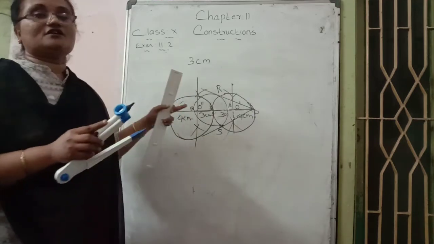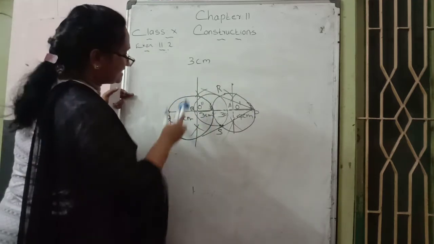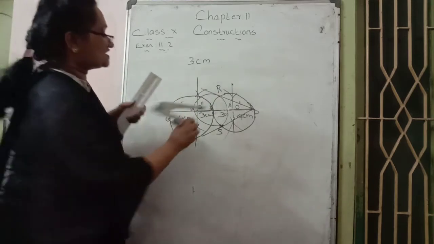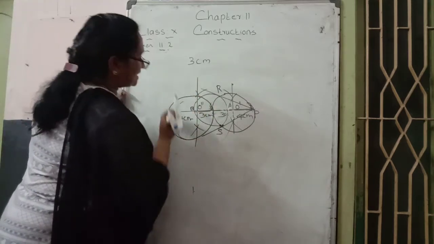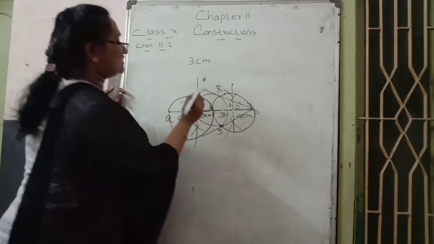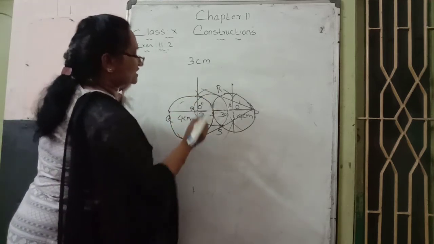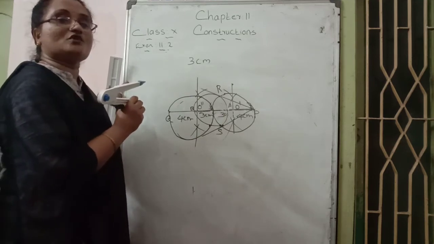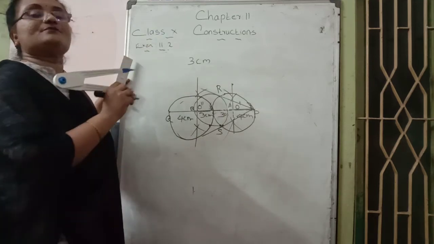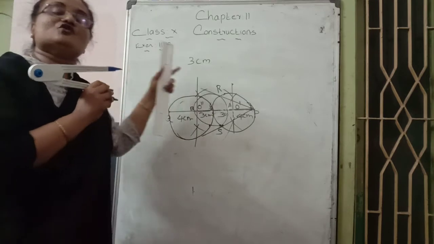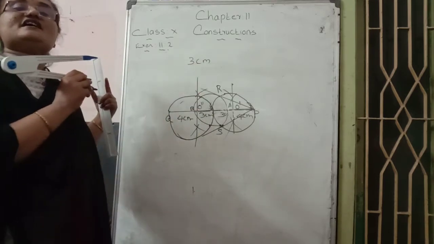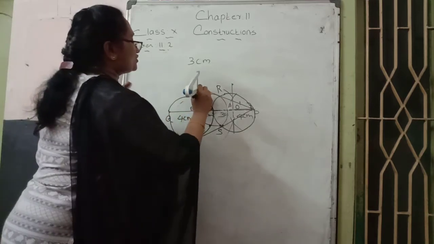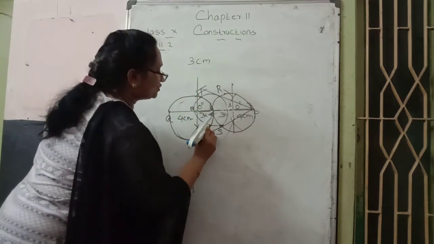Now this third circle and the first circle, where the first circle is our main circle, they intersect here and here. Mark those intersecting points, join them, and you get the left side tangent. Which alphabet? R and S are completed, so you can mark T and U.